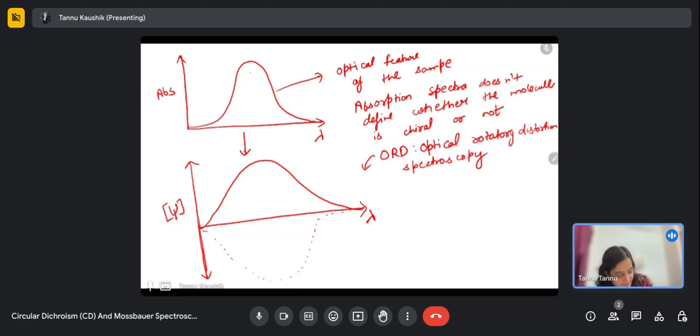So in this case we will get the maximum at the same wavelength at which we get the maximum absorption in the absorption spectra, lambda max. This is the optical rotatory dispersion spectra.